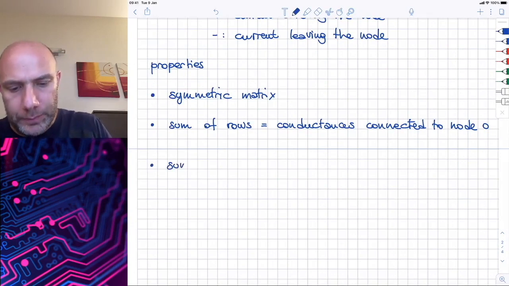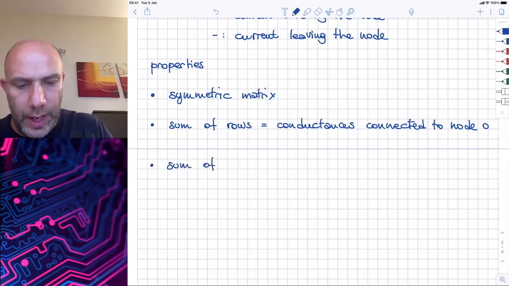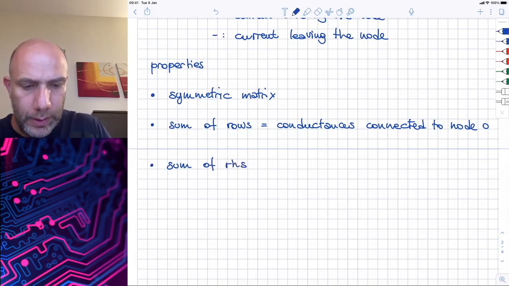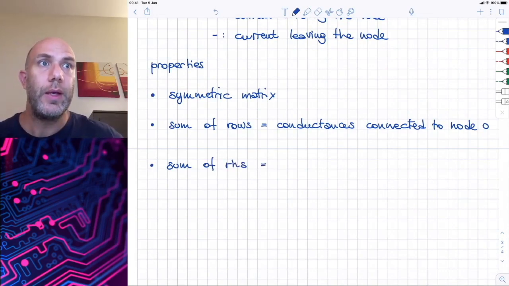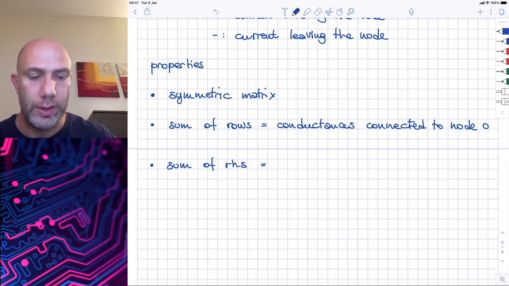The sum of the right-hand side terms gives the impressed current, the total impressed current that leaves node 0.